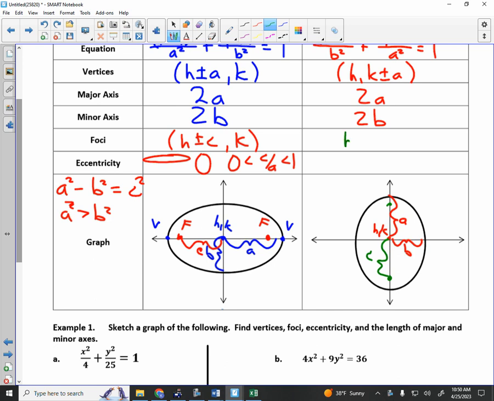And so your coordinate is h, and then it's k plus or minus c. So this time the y value changes because it's switched vertically. And the eccentricity is the same.